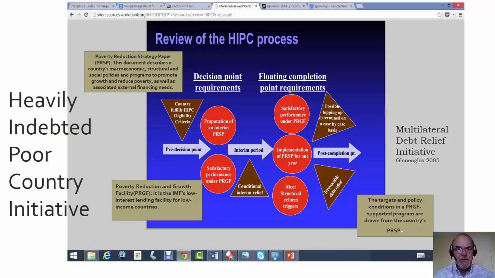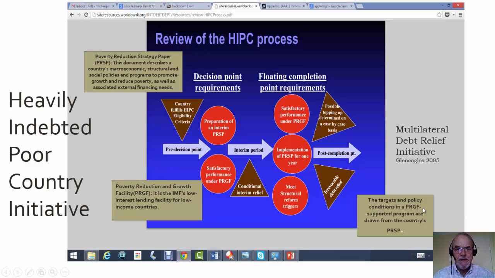So once they have their strategy in place, and once they start implementing it, then there's an interim period where the organizations, the IMF, the World Bank, look after these plans and see whether the conditions are being met.